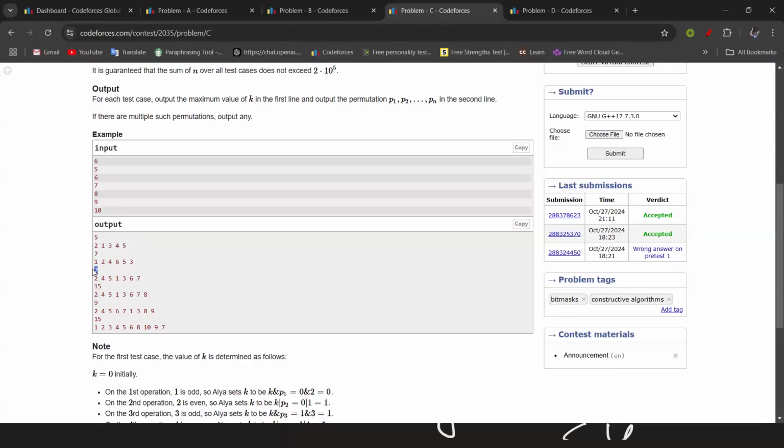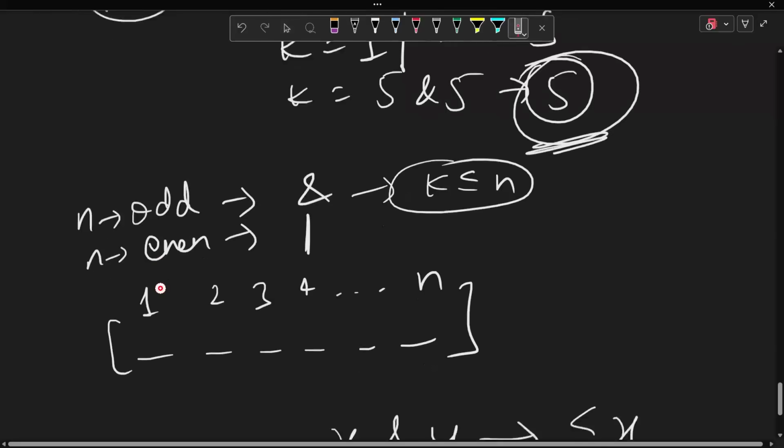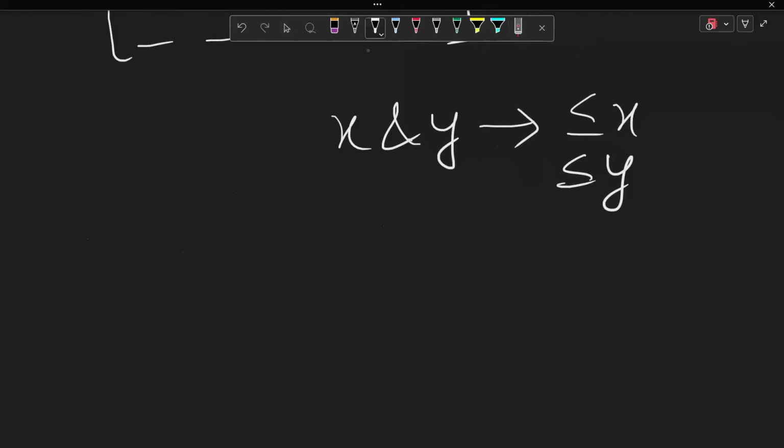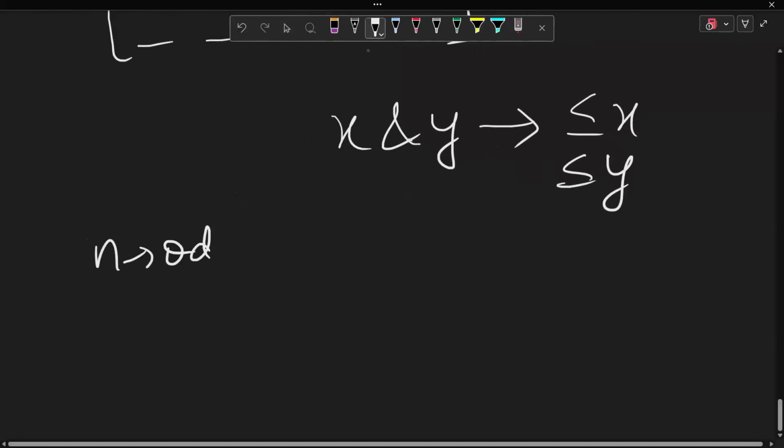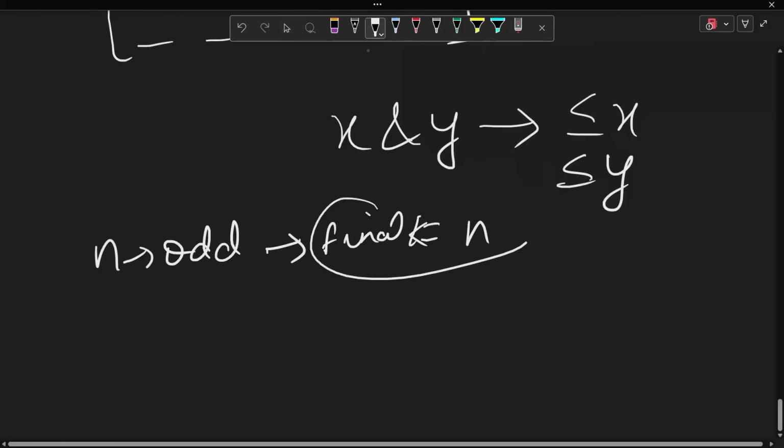For sure you cannot make more than n, so n is the best you can make, and you would try to make n. So by looking at the test cases, it feels like for the odd case, my final k is always going to be equal to n. This is the maximum that we can get.